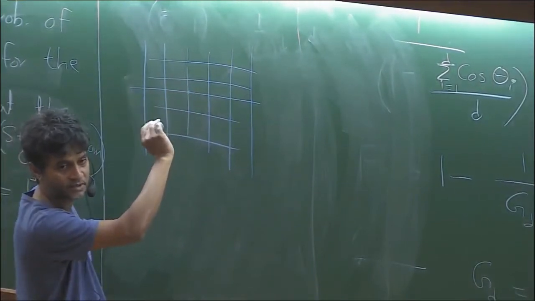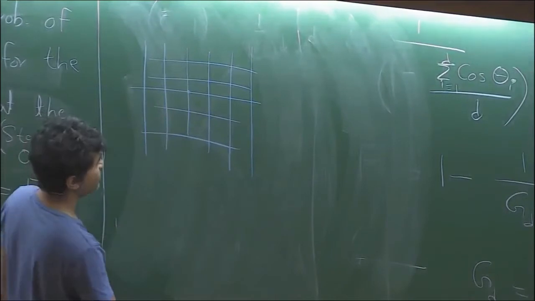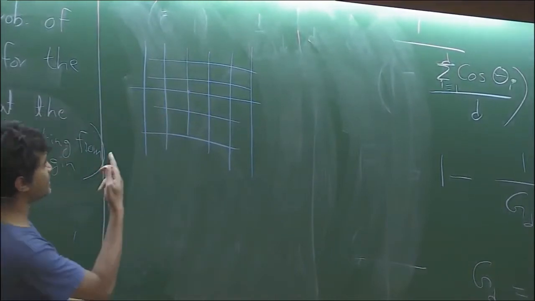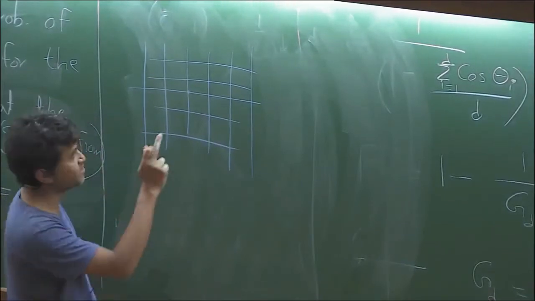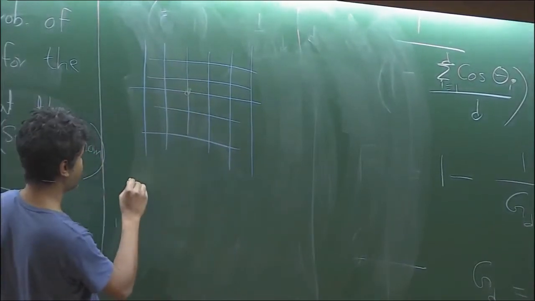After 4 steps. I can first ask the other question: what is the probability that after 4 steps I am at this place? So there are 2 questions I can ask.